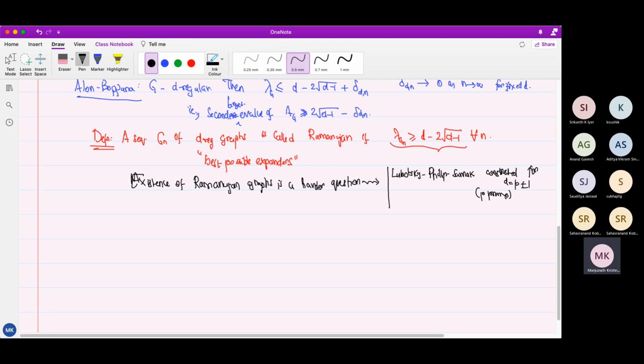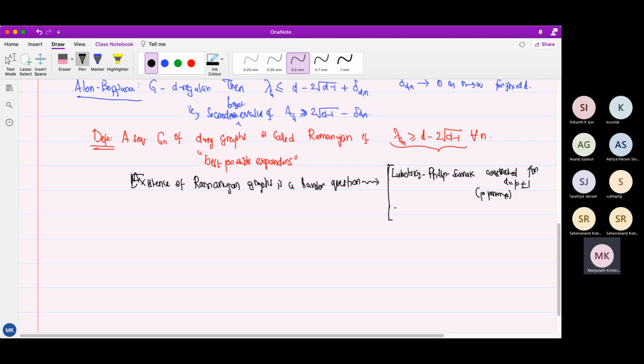Something like that, I forget now. They use number theory heavily, and it uses some conjectures of Ramanujan, a famous conjecture of Ramanujan on the divisor function. So that's why they called it, they were the ones who called it Ramanujan graphs.